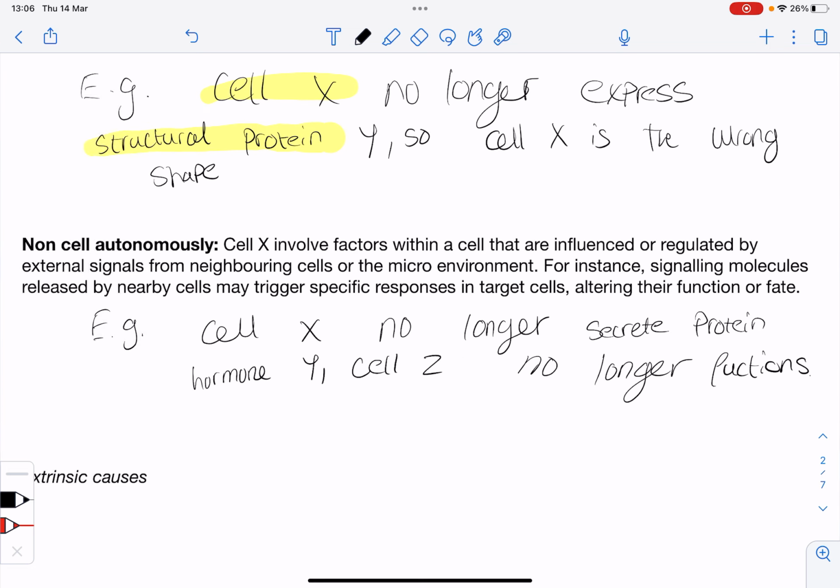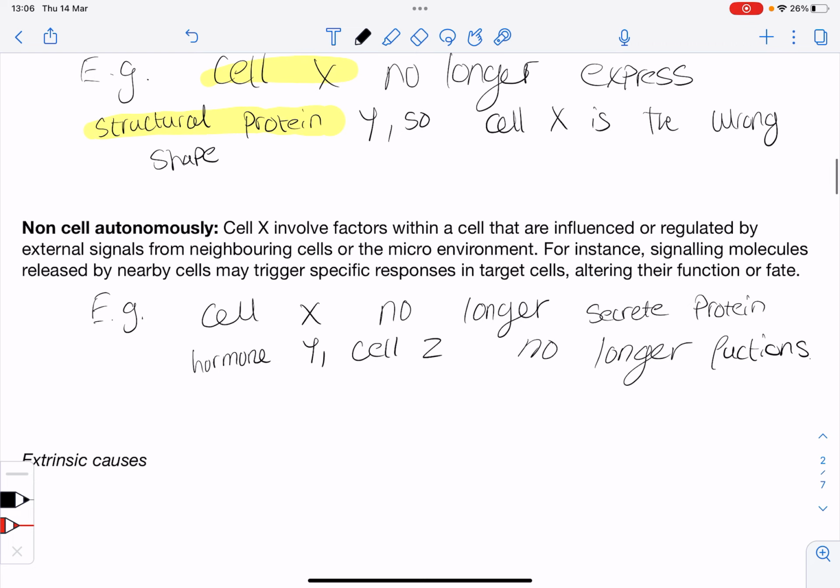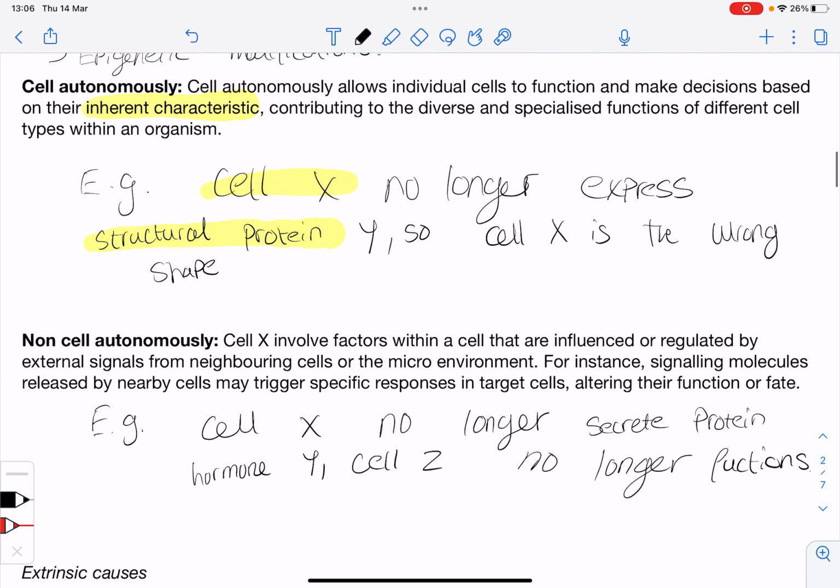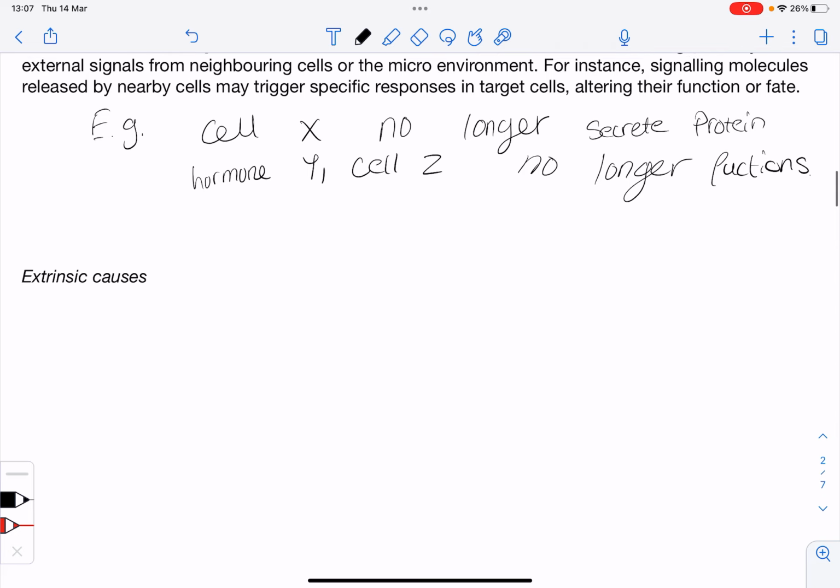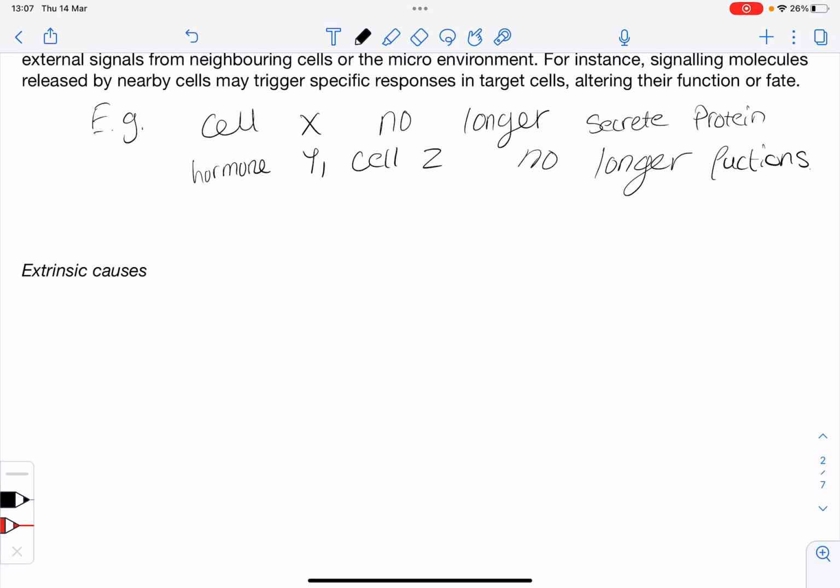So cell X no longer secretes protein hormone Y. As a result, cell Z no longer functions. So those are your two concepts which you may need to memorize, or it's good to understand: cell autonomous and non-cell autonomous. So now let's move on to the extrinsic causes.